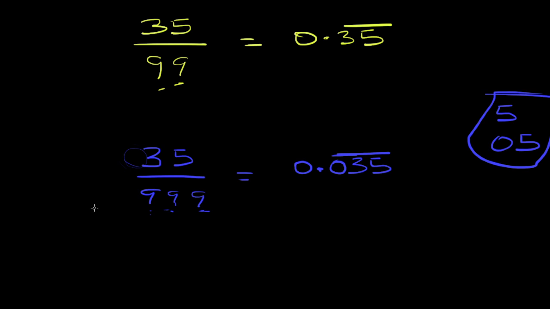All right. So when we're changing fractions which have the denominator as 9 or 99 or 999, that is how we do it. Then the decimal is going to be a repeating decimal. And how do we express it as a repeating decimal? Just look at the numerator.